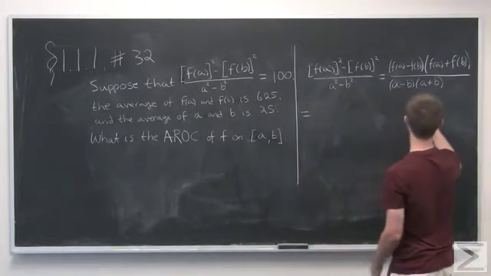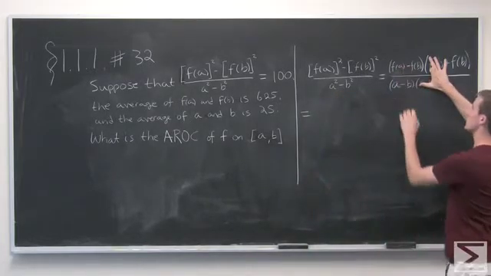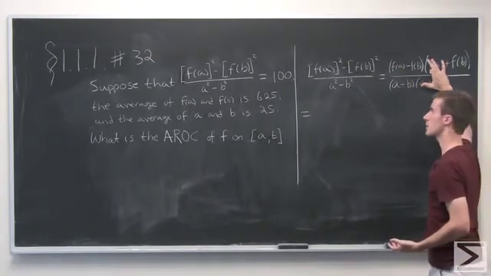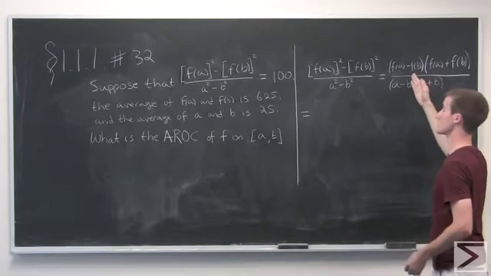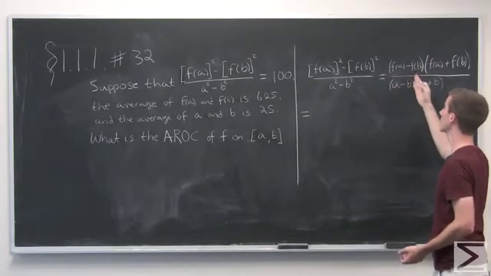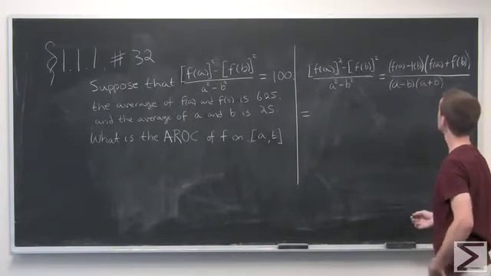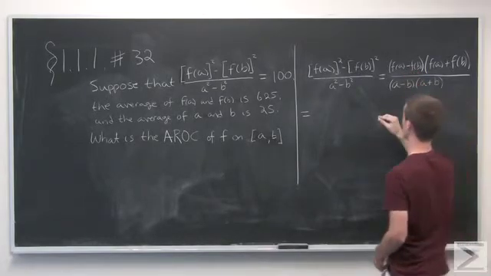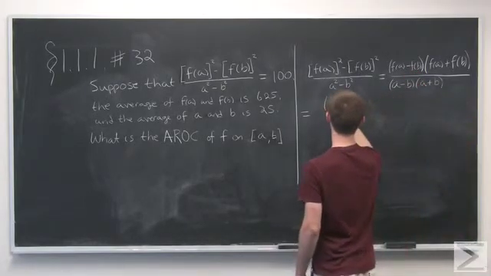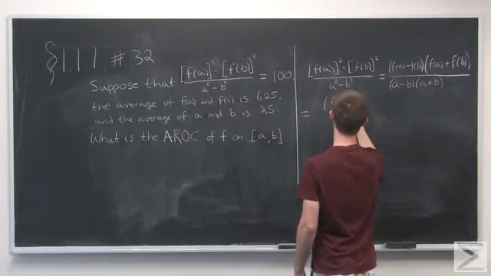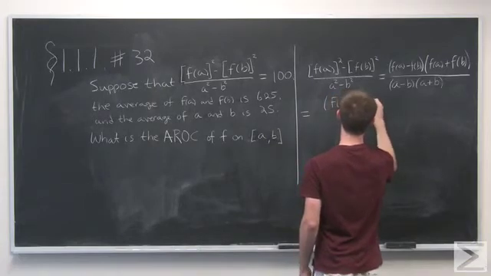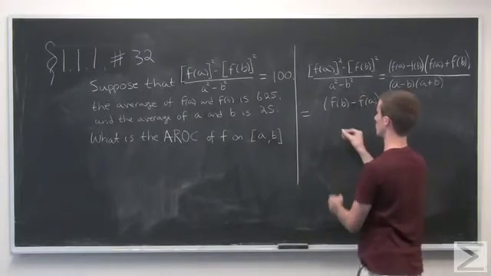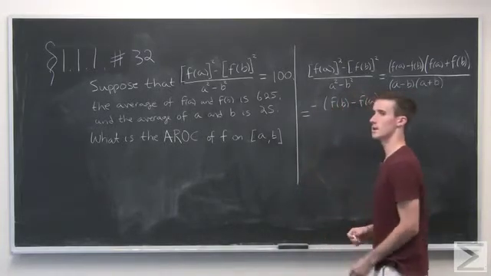Because if we look at just the left part here of this equation, we see that that's almost the average rate of change. In fact, it would be the average rate of change if we had f(b) minus f(a) over b minus a. But if we switch around the top two here and write f(b) minus f(a) like we want to do, that's really just like adding a minus sign there.